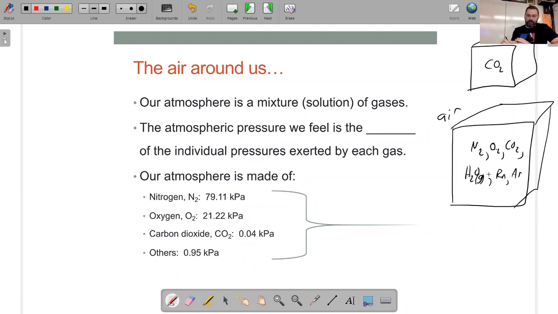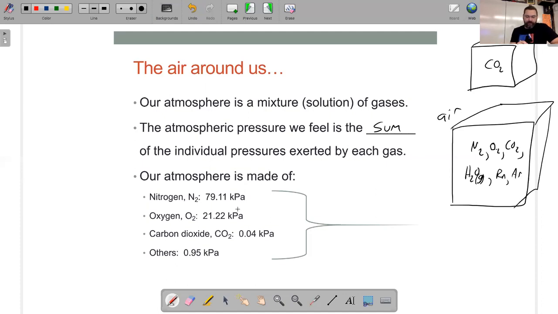So the air itself is a mixture, and the pressure that you feel is a result of the sum of the pressures of each of the individual gases. So Dalton's law of partial pressure is that as a result of all of the gases in the air, you get a total amount of pressure that's the sum of the pressures of the individual gases. And it turns out that the proportion of the pressures is the same as the proportion of the makeup of the gases in the air.